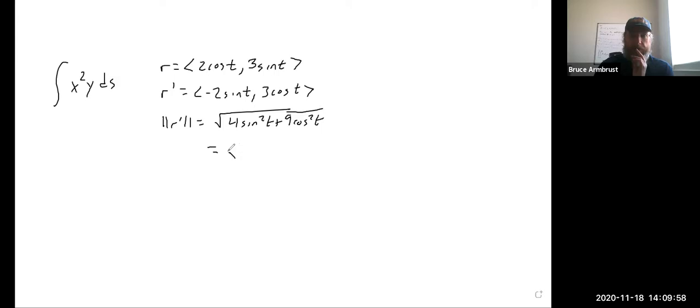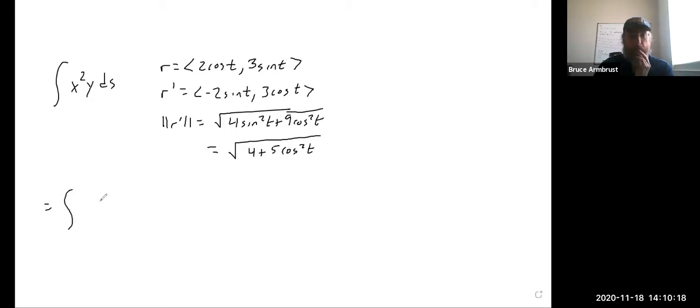which, if you guys don't mind, just because it'll be easier, I'm just going to make that 4 plus 5 cosine squared. Take 4 of the cosine squares to go with 4 of the sine squares to turn into 4. Those are the remaining pieces.